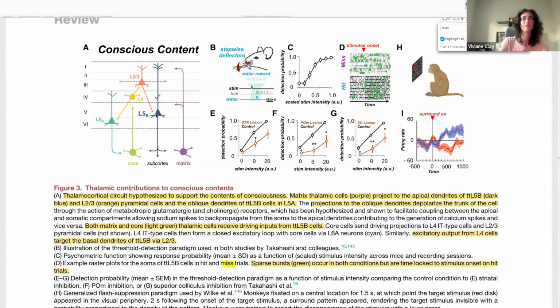In fact, these cells get into a bursting mode if they also receive apical input, so this would make it easier for those cells to fire and detect. But again, if we're lesioning the entire thalamic region, then your relay cells are going too.